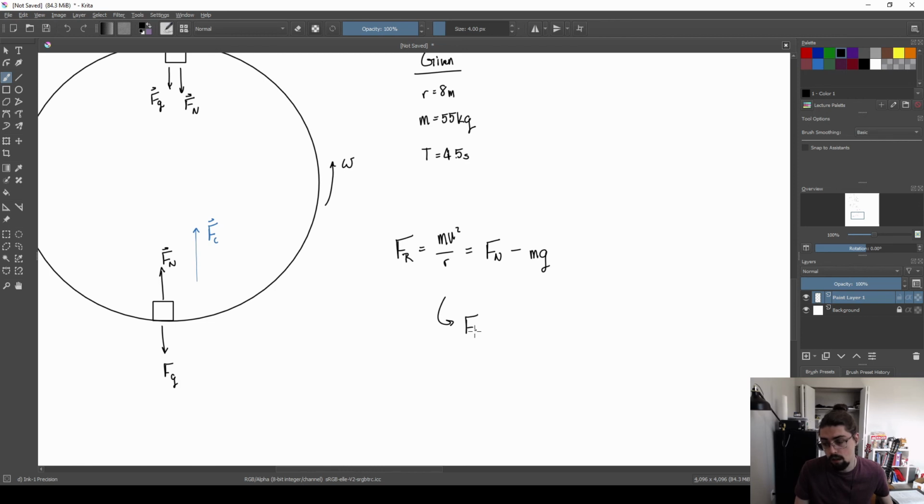The normal force should be equal to whatever it takes to keep us in the circle, plus whatever gravity is trying to take away from that amount. And that's it, for a total of 1,396 newtons. How do we feel on this so far?